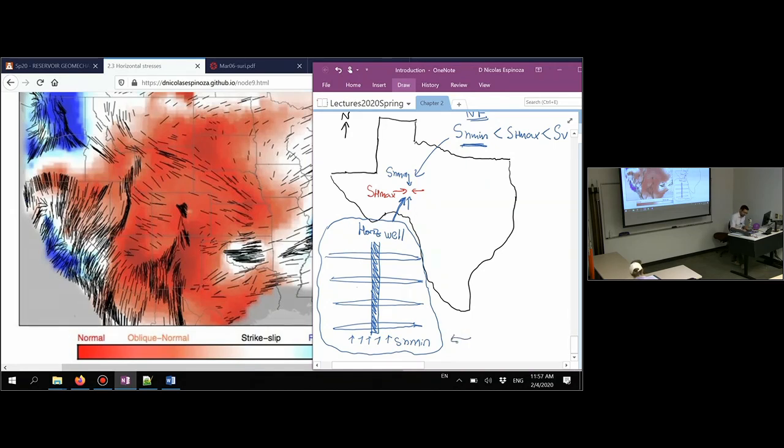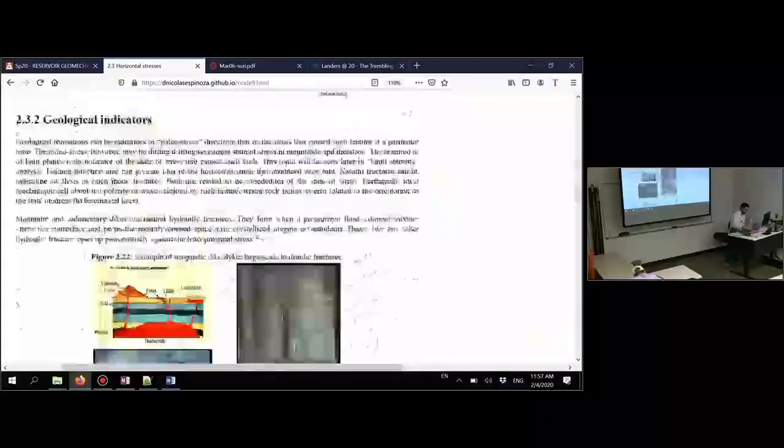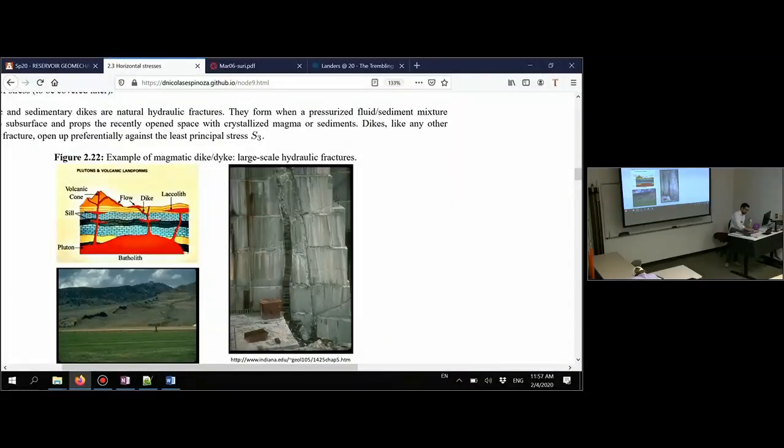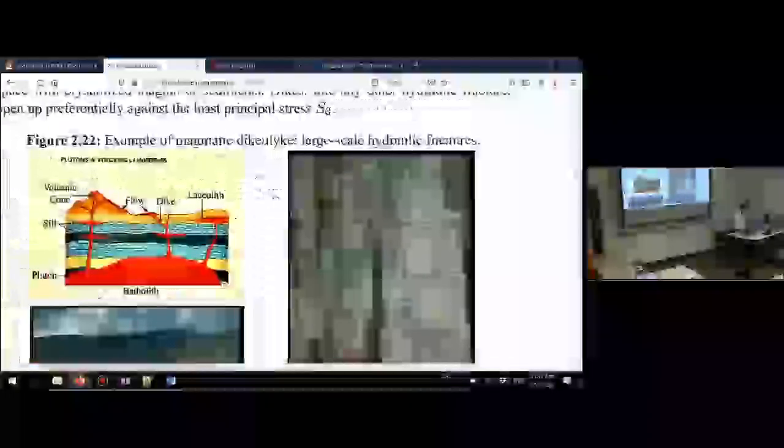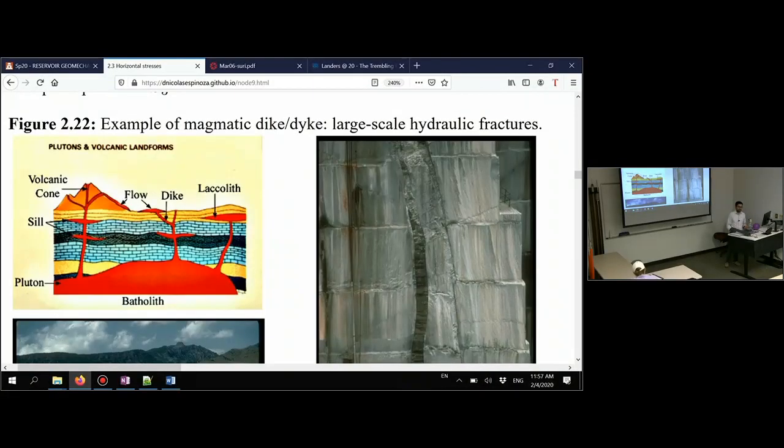So in general, always the fracture is going to open up perpendicular to the minimum principal stress. In this particular case, that's a horizontal stress, as we were seeing before in the case of a seal, a magmatic seal, that could be against the vertical stress. And that will depend on the conditions in situ.